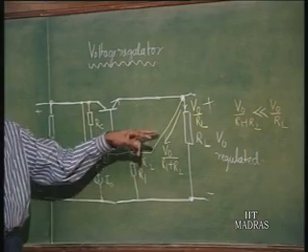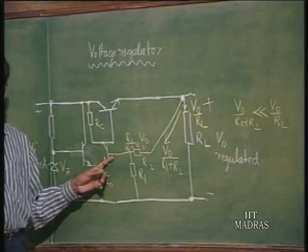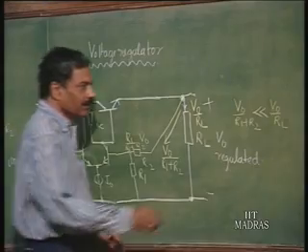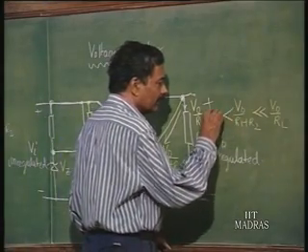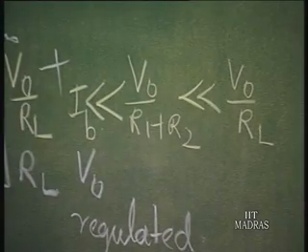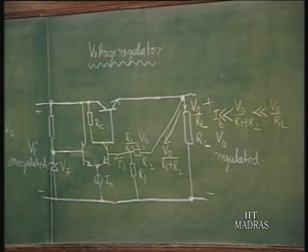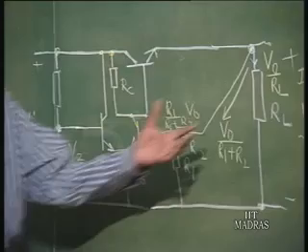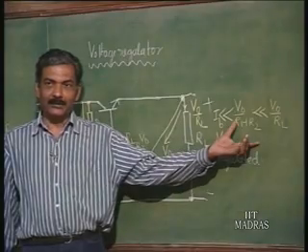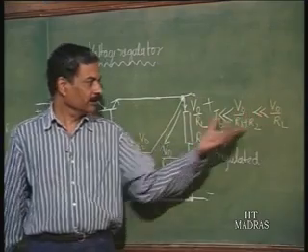Then we have assumed that this current is V naught by R 1 plus R 2, that means this base current is neglected. That means this should be much greater than the base current. So, selection of R 1 plus R 2 is based on these requirements.